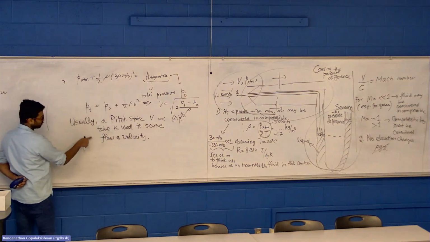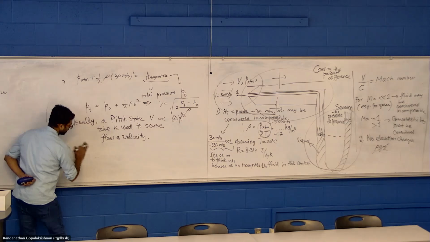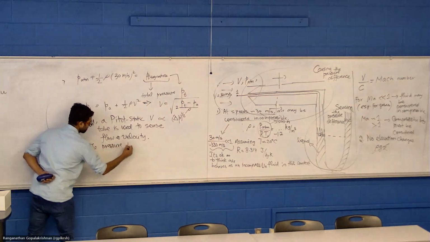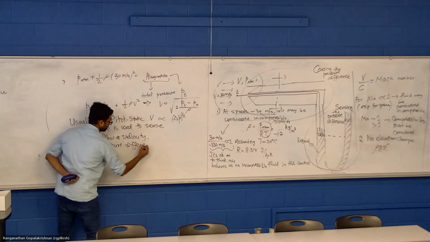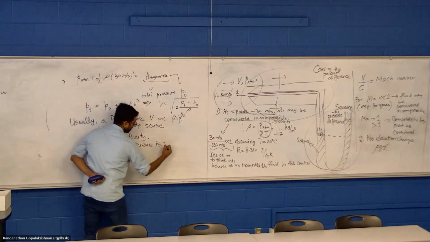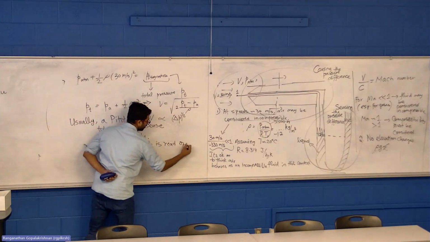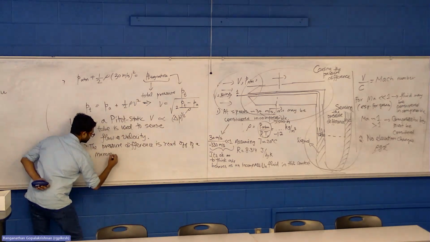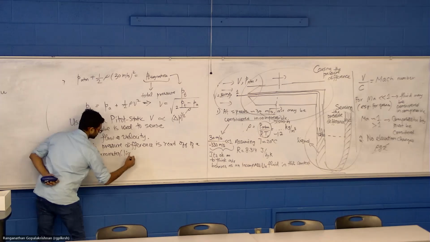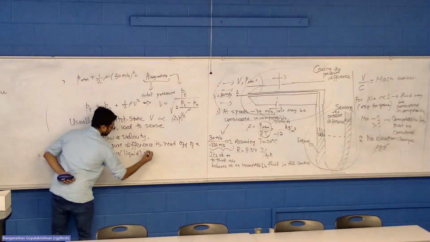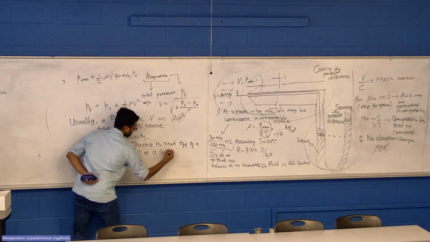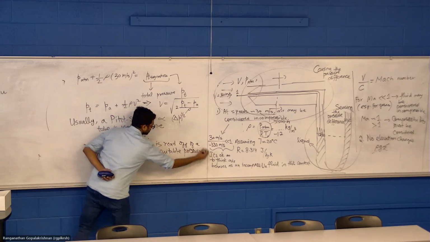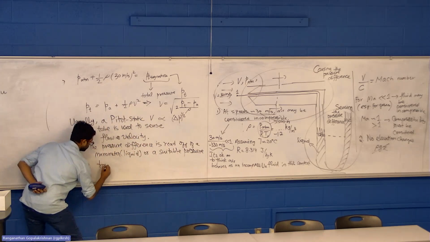Okay, usually it is used to sense velocity. The pressure difference is read off of a manometer which uses a liquid or a suitable pressure transducer.